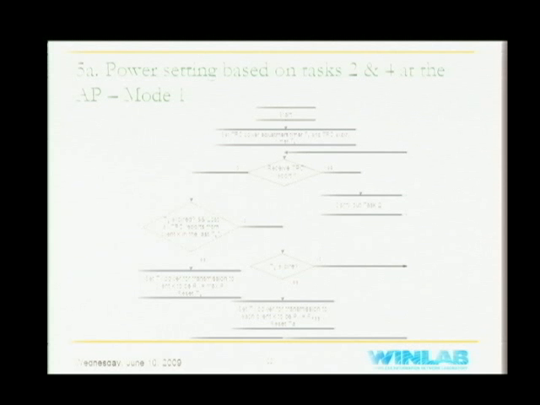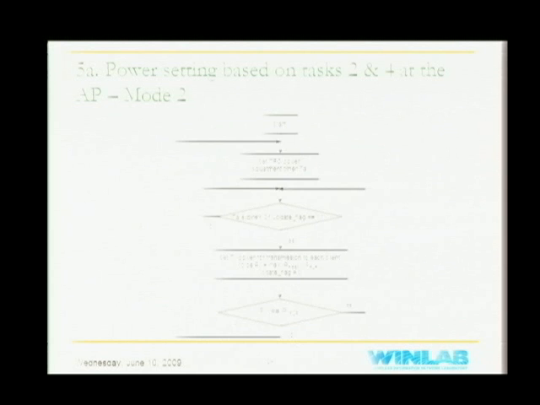So we define 2 modes of operation. One is pure RSSI mode, and the other is RSSI and FLR mode. In the pure RSSI mode, you set the transmit power that has been decided only based on RSSI. And if you don't receive TPC reports for a certain amount of time, you just go to the maximum transmit power to counter the effect. But in mode 2, we have 2 power estimates.